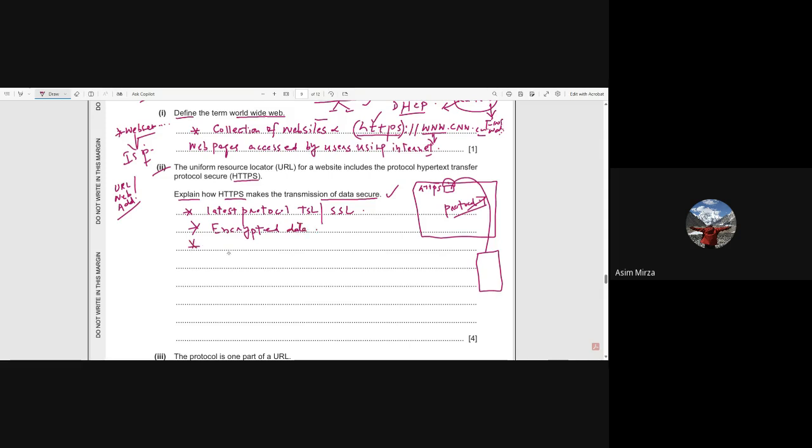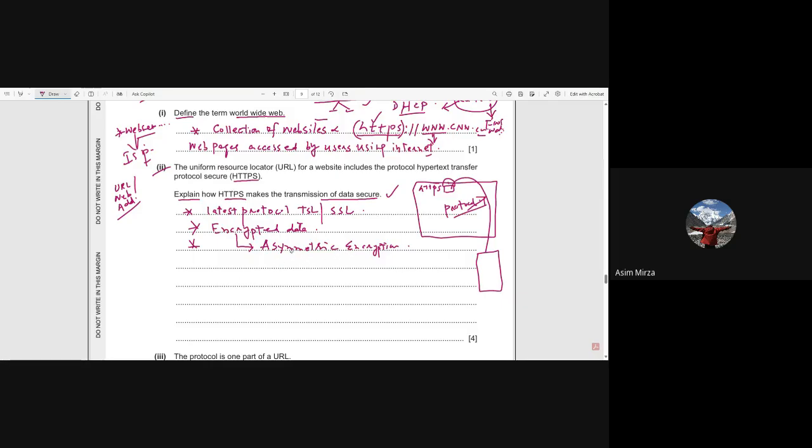And how can it make that transmission of data secure? Then it uses different types of encryption. In your syllabus, we have symmetric encryption and asymmetric. And we know asymmetric is much better than symmetric, because it uses two keys, public keys and private keys, right? It uses asymmetric encryption that makes your data meaningless, right?